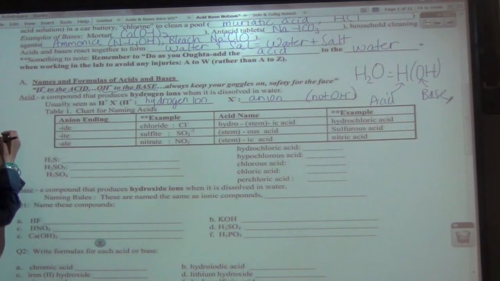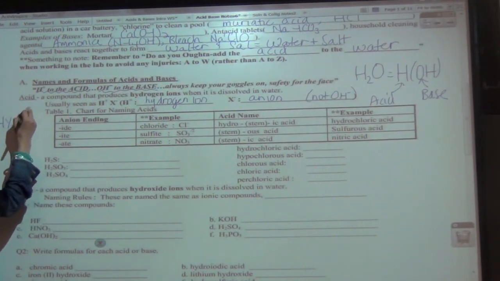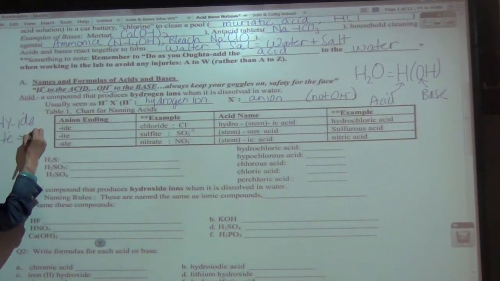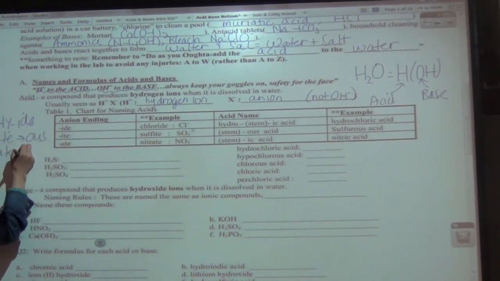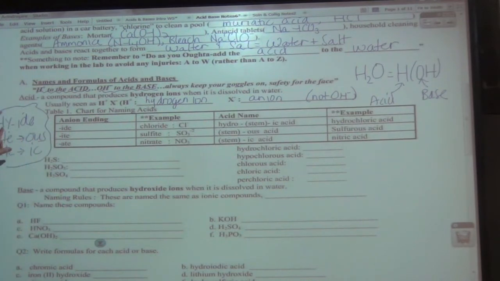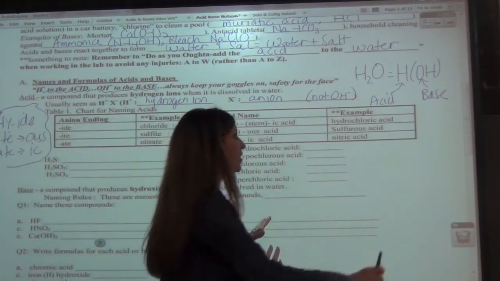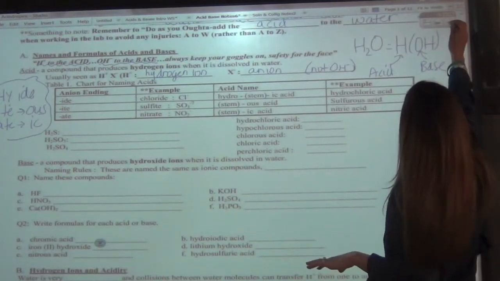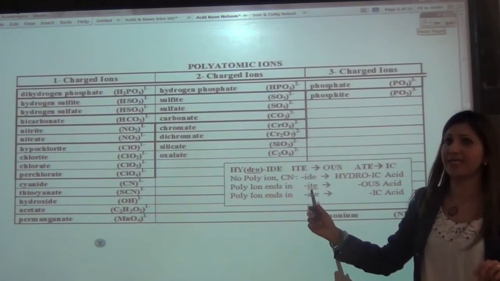What we did was we said we would use hydro, H-Y-D-R-O, with the -ic ending. And you can use different ways to try to remember how to name them. The idea was that there's no polyatomic ion, and let's take a look at our little polyatomic ion sheet here.